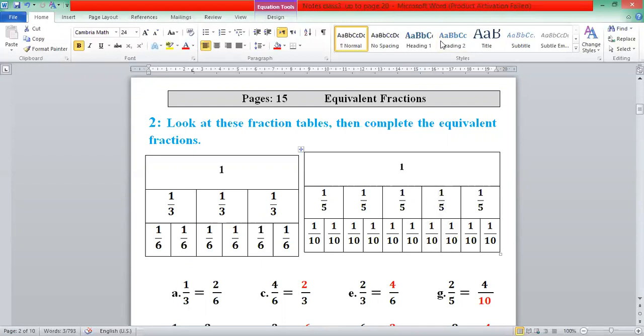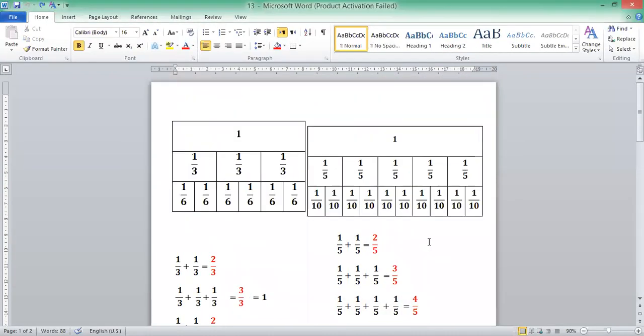For this purpose, I am going to share another page with you. Here we have the same tables that we have on page 15. Dear students, look at the first table. In the first table, we have three portions.